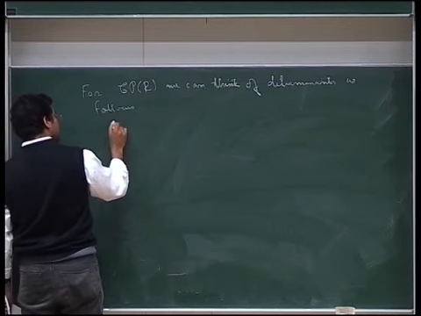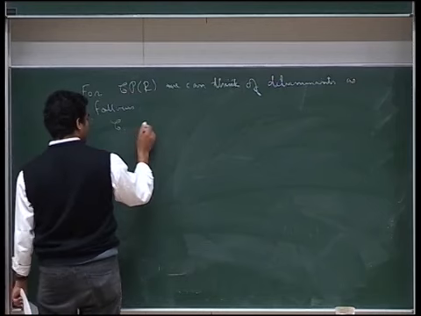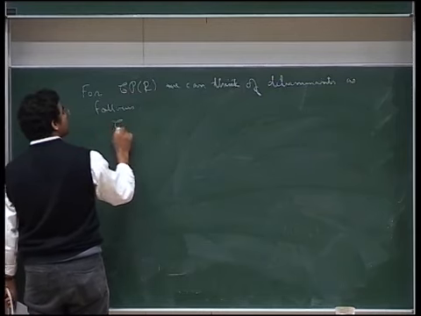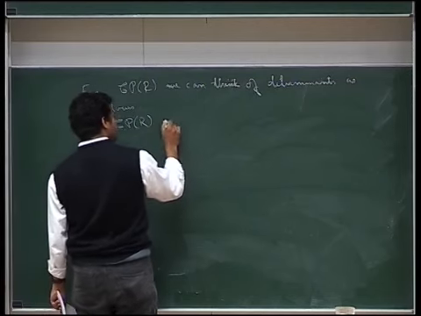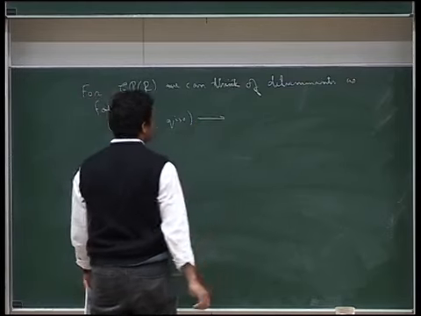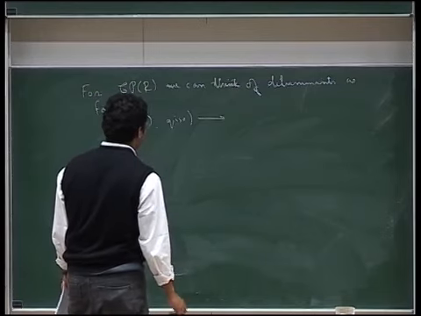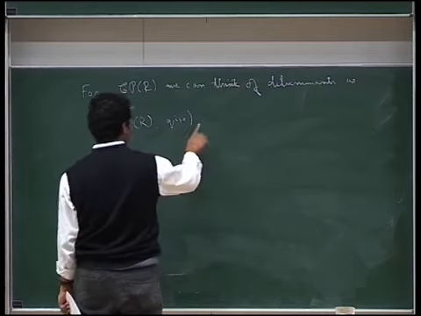You have this Waldhausen category, and you just take the quasi-isomorphisms, and from this you get determinants. So how do you get this?